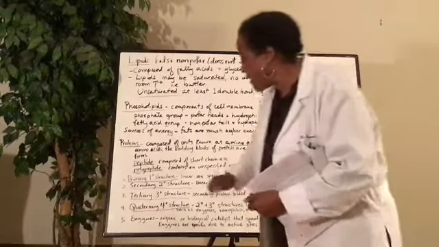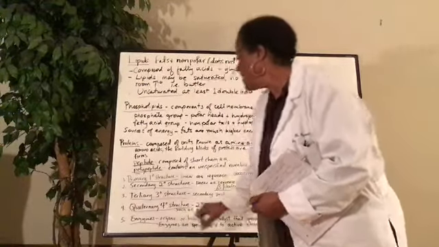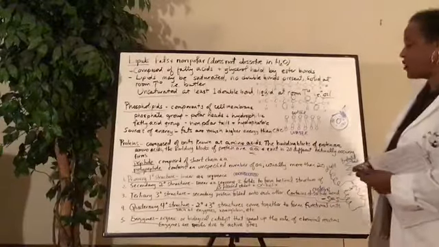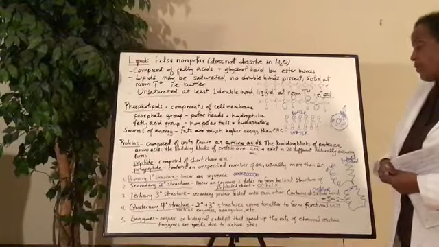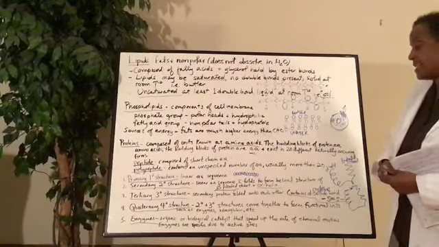Enzymes, of course, we talked about a minute ago. Enzymes are organic or biological catalysts that help speed up the rate of chemical reactions. We know that enzymes are specific due to their active sites.